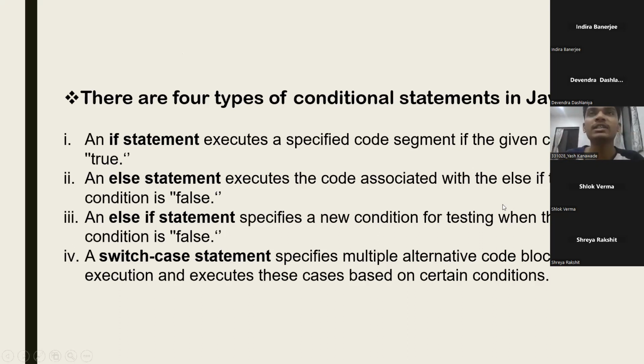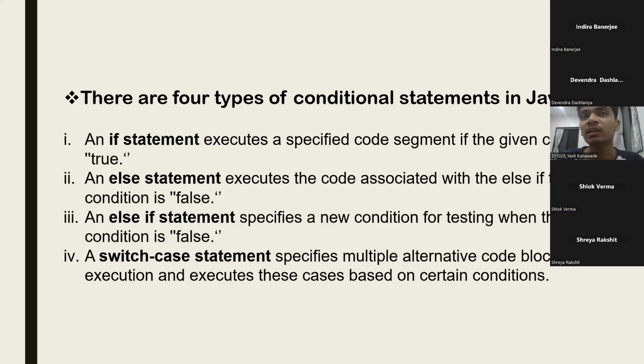There are basically four types of condition statements in JavaScript. First is the if statement, second is the else statement, third is else if, and fourth is the switch case statement. The if statement executes a specific code segment if the given condition is true. The else statement executes its code if the given condition is false.